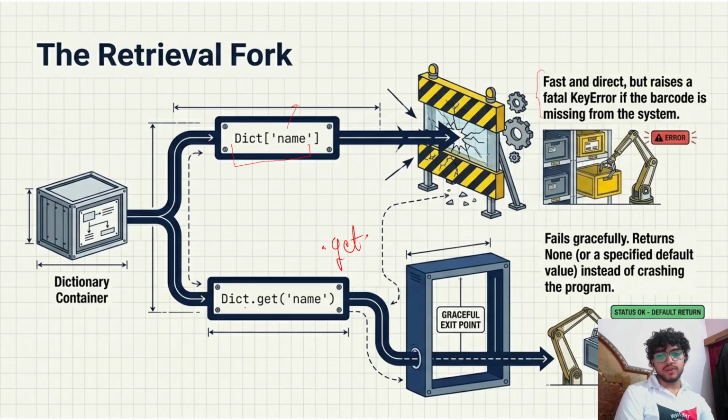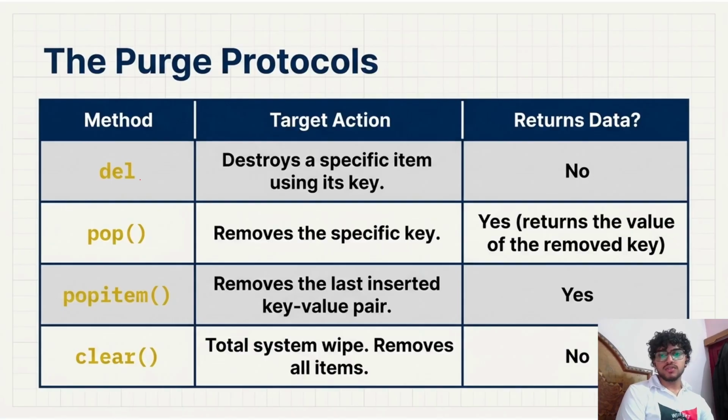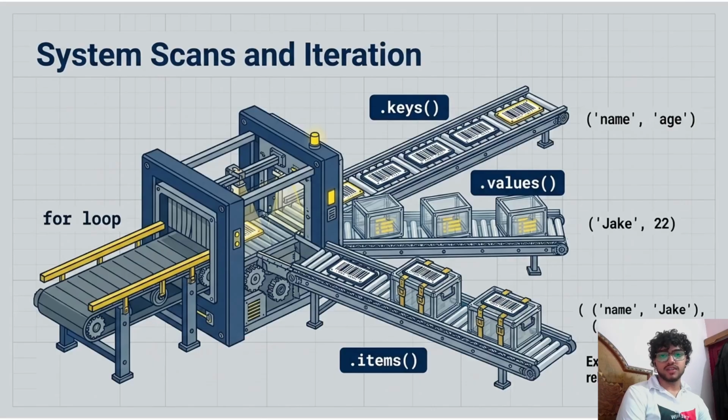We use dict dot get name, and it will return the value. del is for deleting a specific key; it does not return data. Pop returns data and removes the specific key. Popitem removes the last inserted key value pair and returns a value. And clear wipes out all the items.